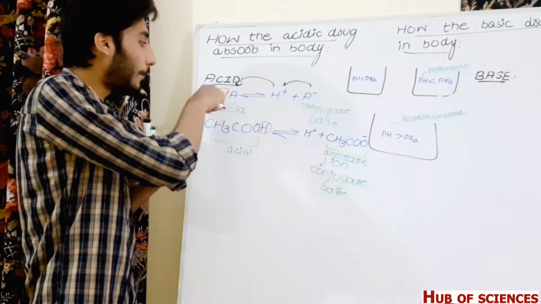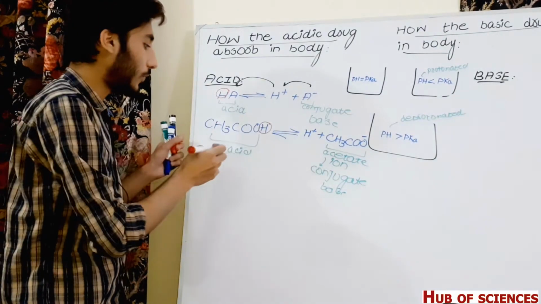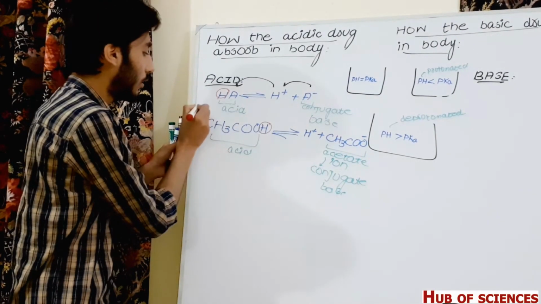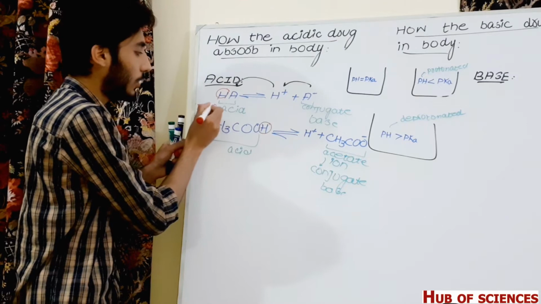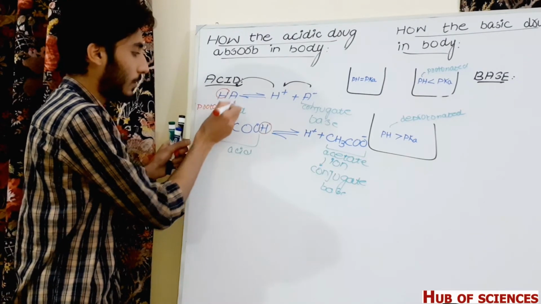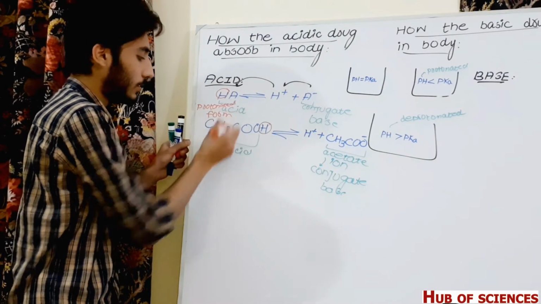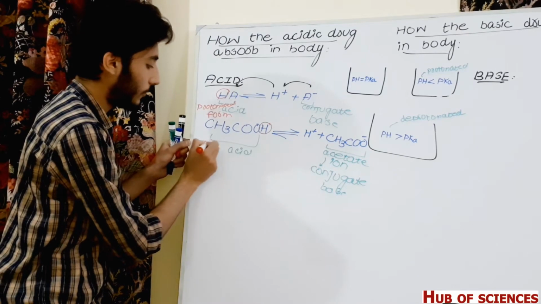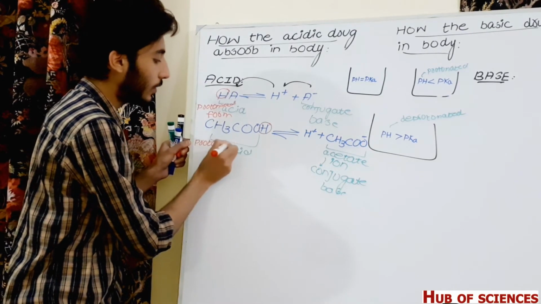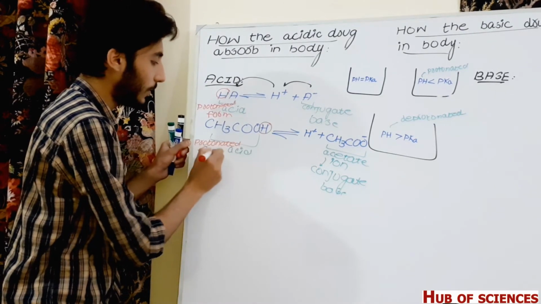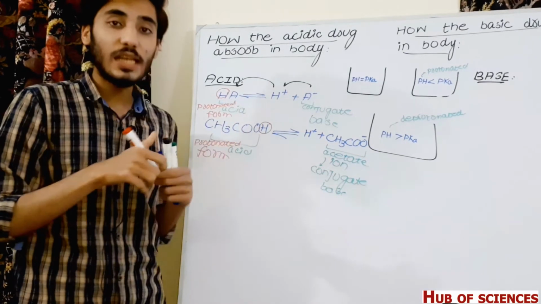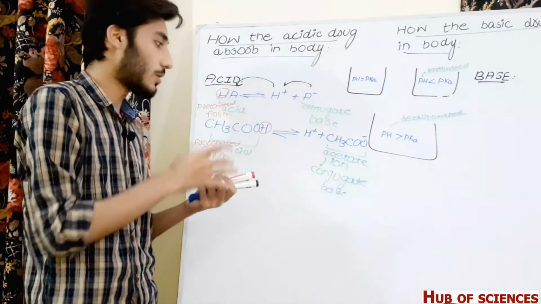That's why this is the protonated form of the acid. These both are the protonated form. This is also the protonated form of an acid. Why? Because the proton is still attached to the species.